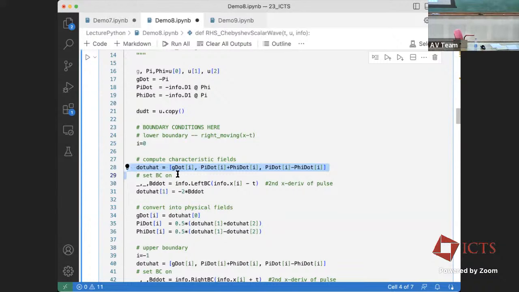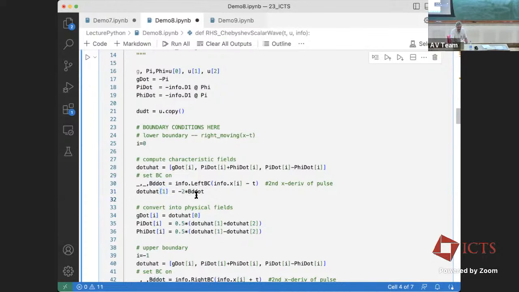Those are these yellow equations over here. You had 0, you had 1, you had 2. And it turns out on the left-hand side, it is the first one of these that has the negative speeds.